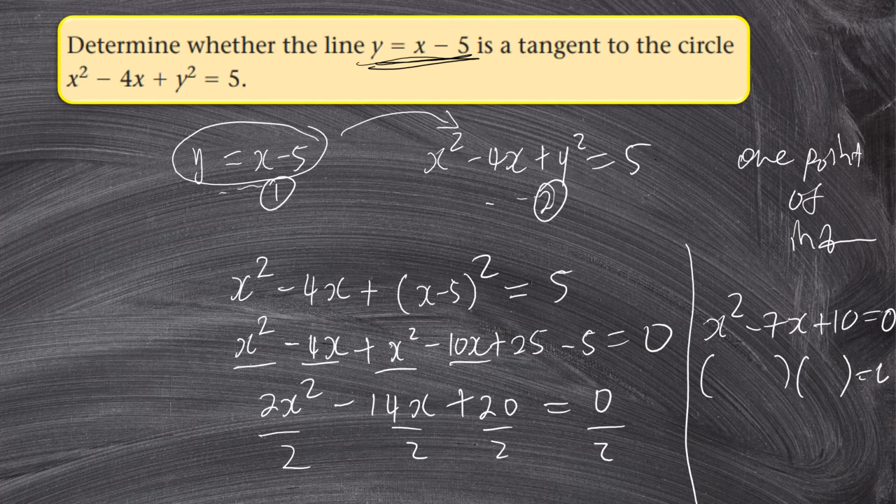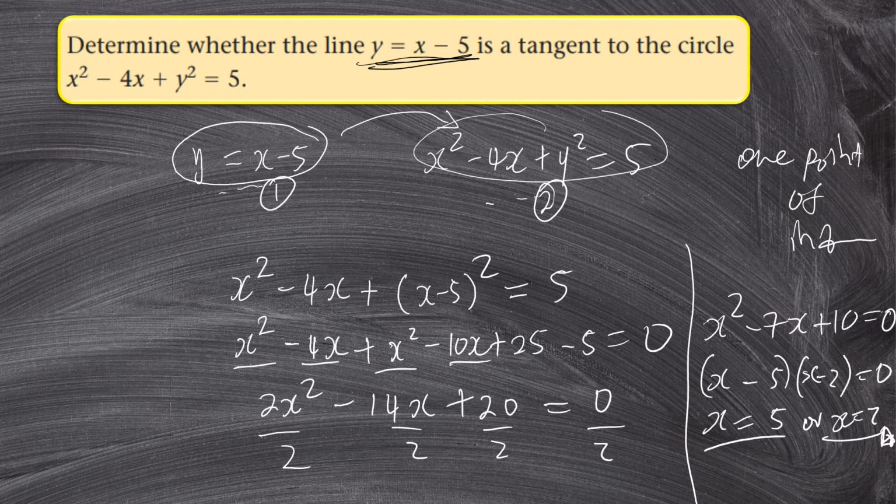I think we can factorize this. 5 times 2 is 10, 5 plus 2 is 7. So x equals 5 or x equals 2. Can you see that when you substitute that line into the circle, you are getting 2 points of intersection, x equals 5 or x equals 2.